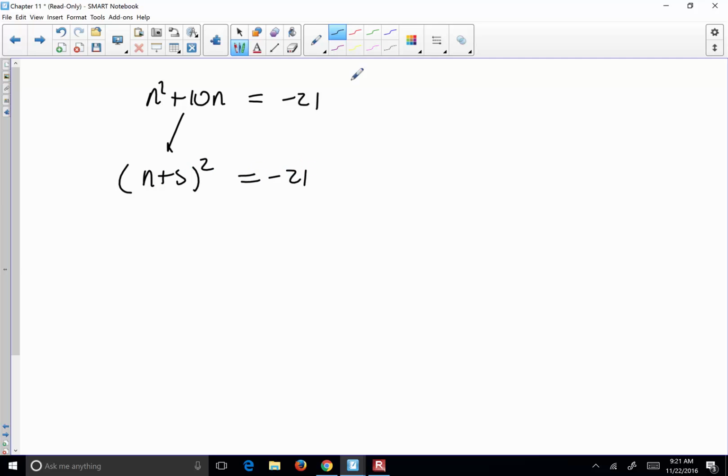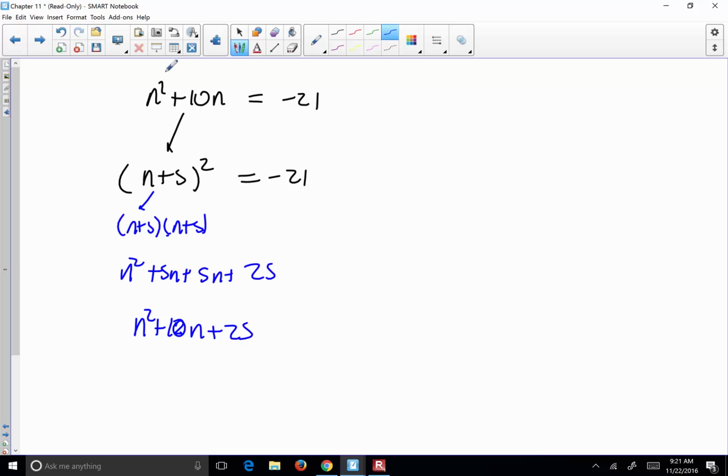No, because when I FOIL n plus 5, it's not these 2 terms. n times n is n squared, n times 5 is 5n, 5 times n is 5n, 5 times 5 is 25. Yeah, look, you have only two terms here, you're missing the third term.